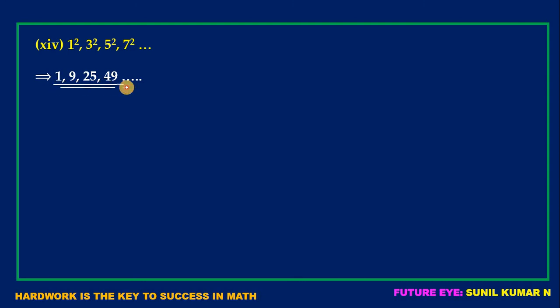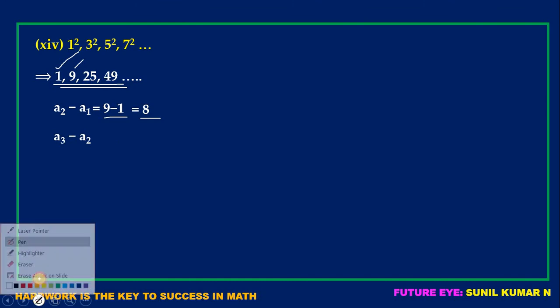Now this is the sequence. Now let us check whether it is in AP or not. So let us find A2 minus A1. Now A2 value is 9, children. Don't substitute 3 square. Now A1 value is 1. It means 9 minus 1 gives 8. Next A3 minus A2.